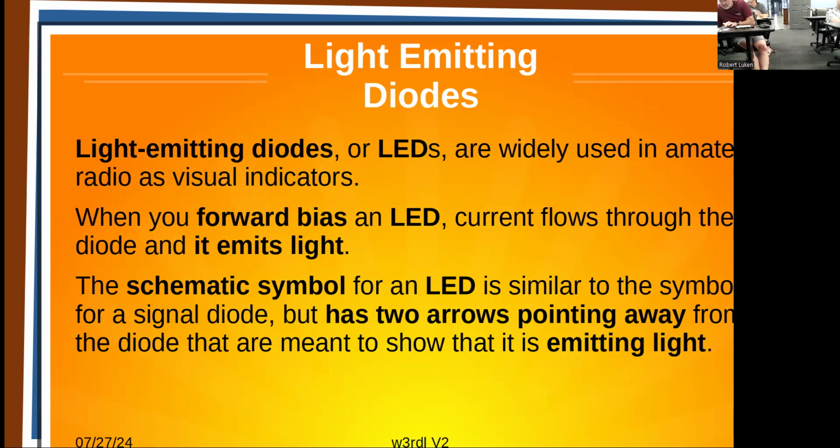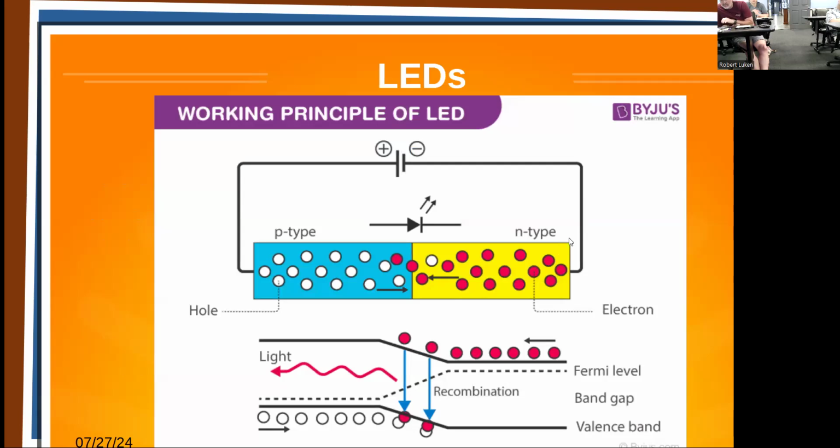And we talked about the schematic. So when it's flowing current, it is releasing energy in the form of photons at a certain frequency. And the frequency is going to be proportional to the amount of energy that the electron has when it was freed from its atom and then recombines and releases that energy back.